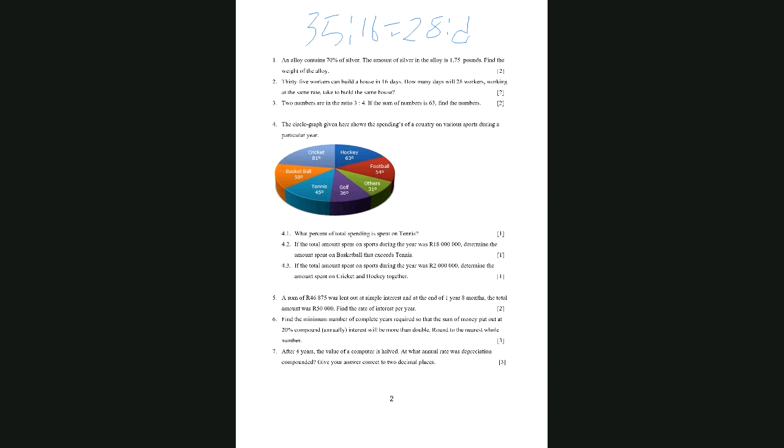So we can say that 35 over 16 will be equal to 28 is to D. So D will be equal to 28 times 16, all divided by 35. Does it make sense to you, please?